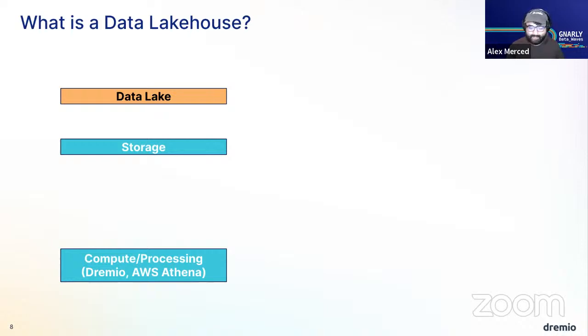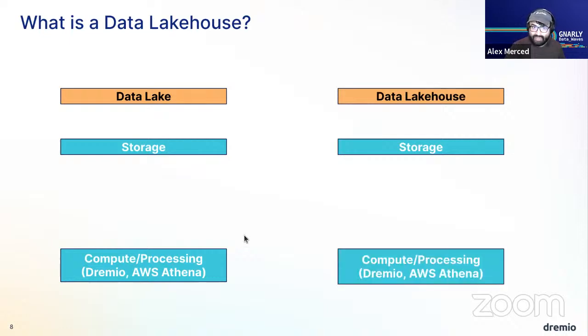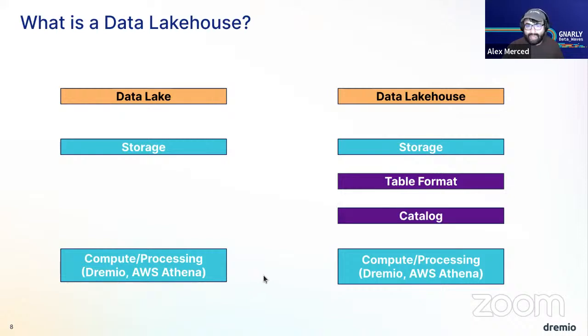But with the advent of recent technologies, we took that storage layer, we took the computing layer, and we added the missing layers with a table format like Apache Iceberg that provides the metadata to enable things like time travel, ACID transactions, and schema evolution, things that weren't possible just directly on your data lake storage. And then catalogs like Nessie allow us to track those tables and make them portable from tool to tool.